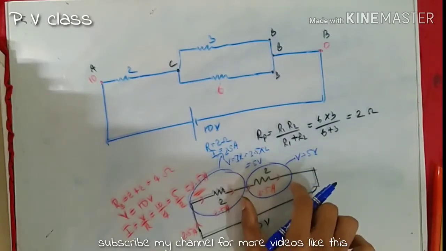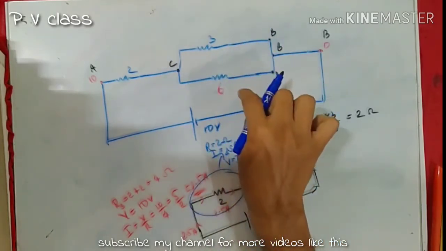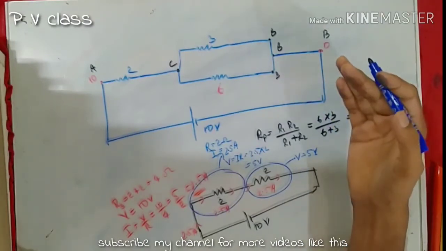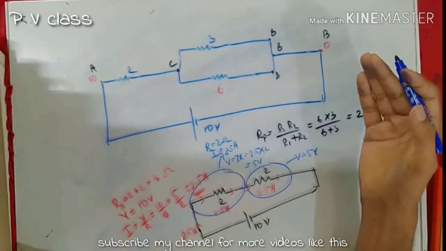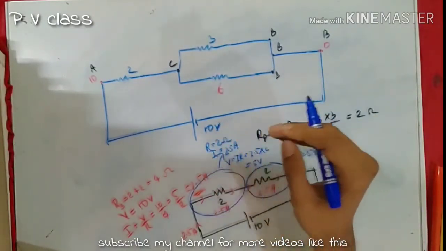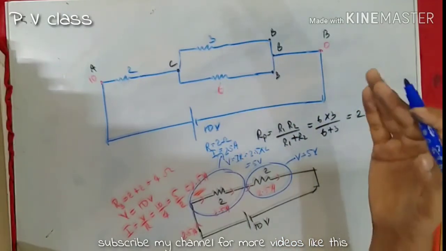And what is this 2 ohm resistor? It is the effective resistance of these two. And can you recall what's happening in parallel combination? In parallel combination, voltage was the same, and from our previous problem the 10 volt potential was equal to the voltage across the two resistors in parallel combination.